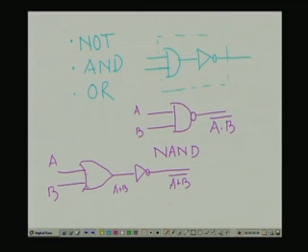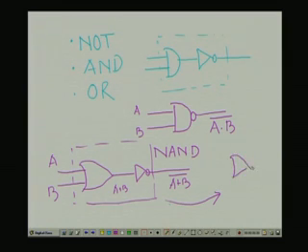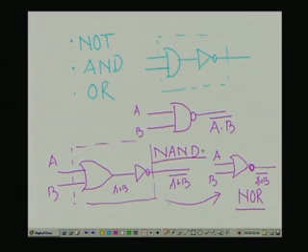And if I replace these, it will be a NOR, just OR with a circle at the end, this will be A, B, and it will be A plus B complement. So, this is my NOR. Again this NAND and NOR are 2 other basic gates.